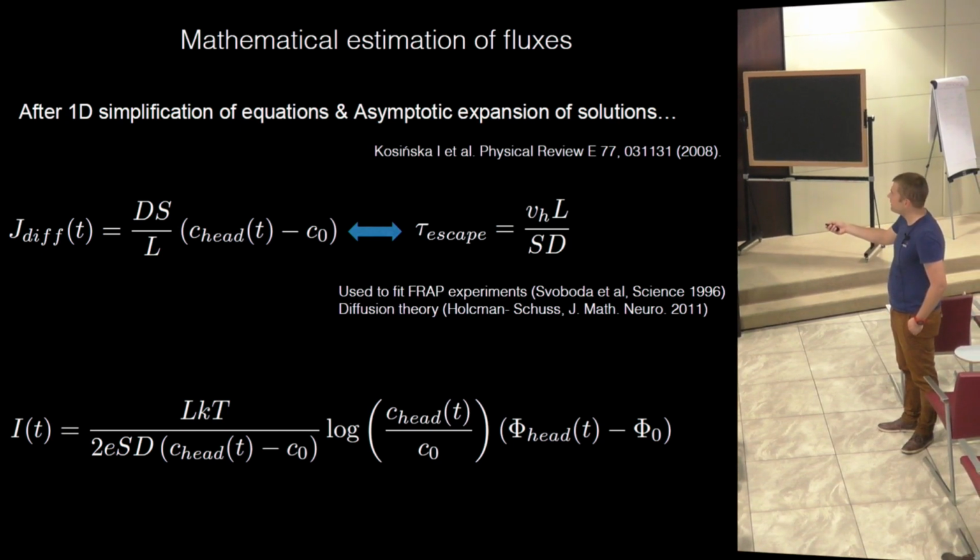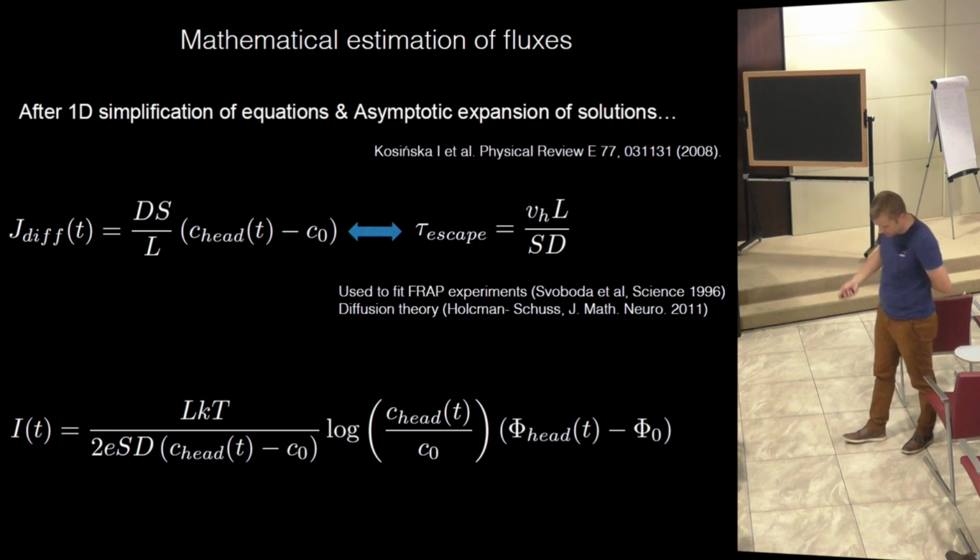Actually, it's related to the first term of escape time in the most common geometry, because you can have some nonlinearities, but this is the volume of the head, length, SD. At the first order, let's assume that the diffusion is proportional to this difference of concentration.